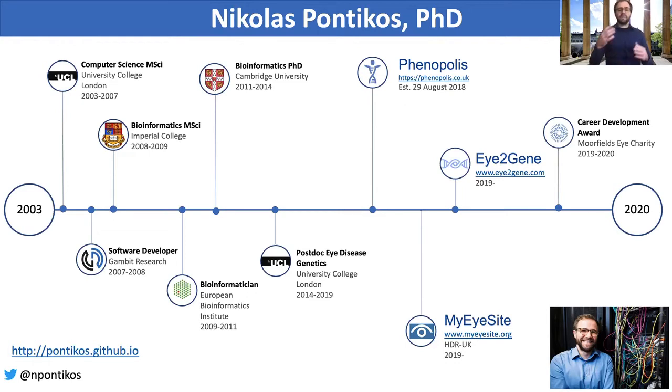This is something I'm still doing on the side, but I'm a full-time principal investigator at Moorfields and UCL Institute of Ophthalmology. It's a side project at the moment. And these are just two other projects that I'm working on, which I can talk to you about at our next session.